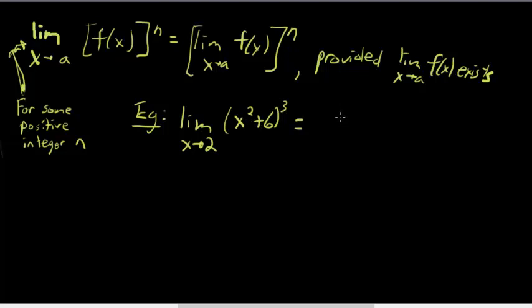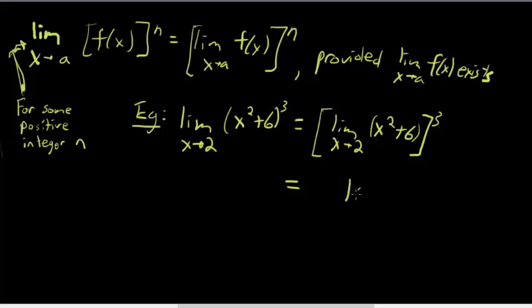And this property tells us that that's equivalent to the limit as x tends to 2 of x squared plus 6, and that limit raised to the third power. So we just plug in 2 here, we get 2 squared is 4 plus 6 is 10. 10 to the third is 1,000.